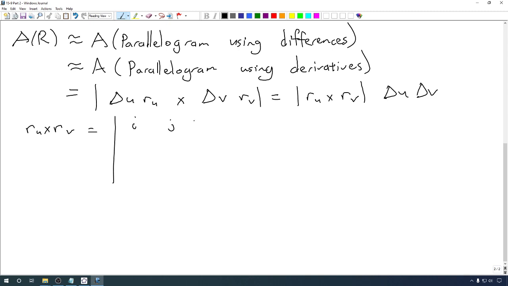So in determinants, we take a 3x3 matrix where the top row here is i, j, k, second row here is going to be r_u. r_u was partial of x with respect to u, partial of y with respect to u, and then 0. r_v is a third row. That is partial of x with respect to v, partial of y with respect to v, and then 0. And then we want to simplify this determinant.